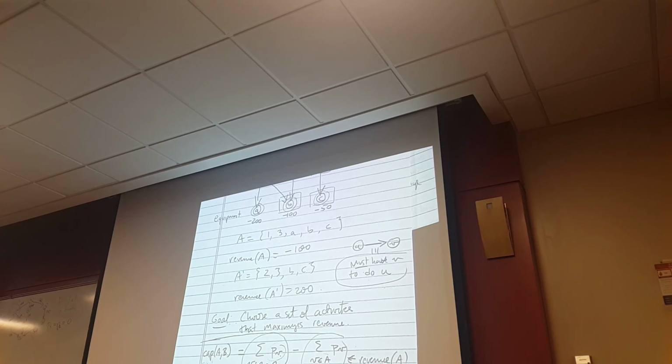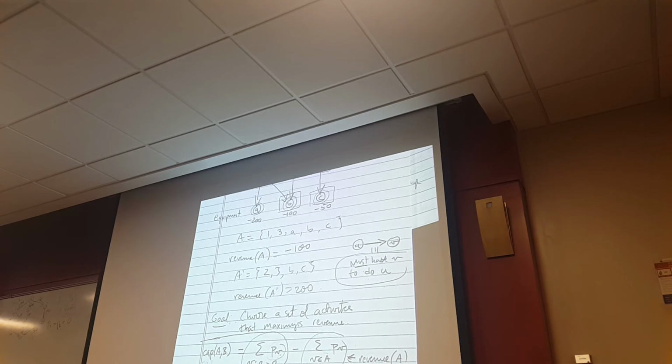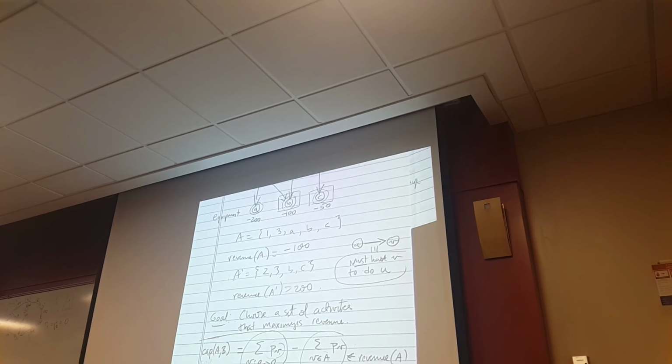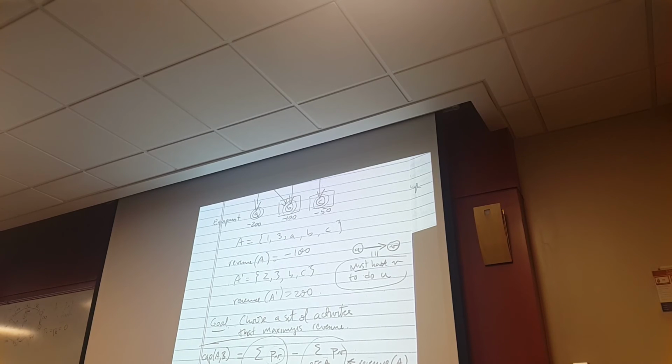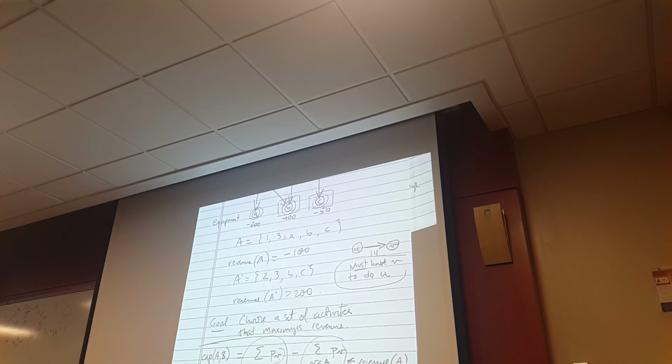Well, this value here does not depend on A, does not depend on B. It just depends on the original instance before you try to solve it. So this is in fact like a constant. In a sense, it does not depend on A or B. So minimizing capacity is equivalent to maximizing revenue.